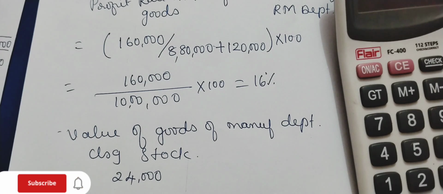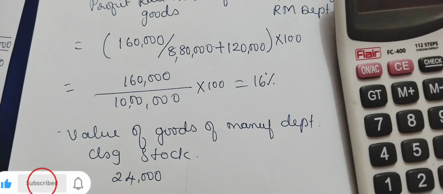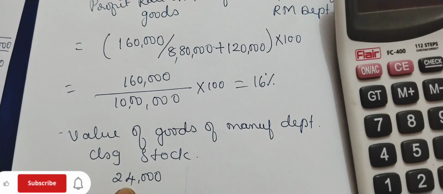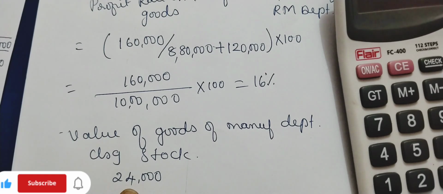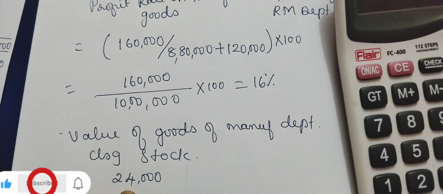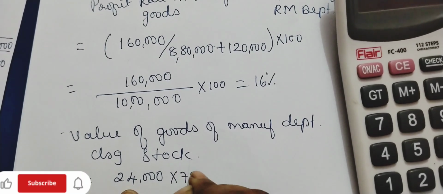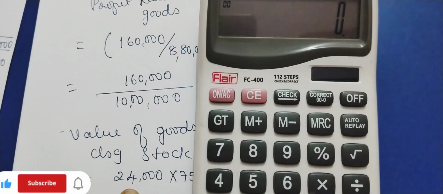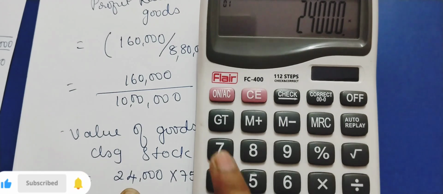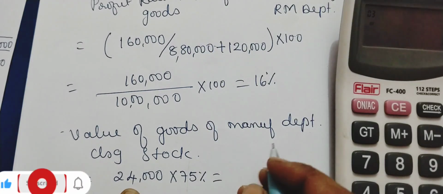The question clearly said 75% of raw material and 25% manufacturing expenses. So this 24,000 includes manufacturing expenses also and the closing stock also. Here we don't want expenses, we want purely the stock which is remaining. So you need to take 75% on this 24,000. 24,000 into 75% is 18,000.